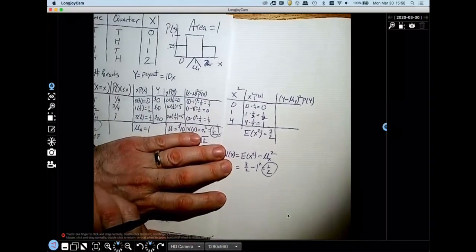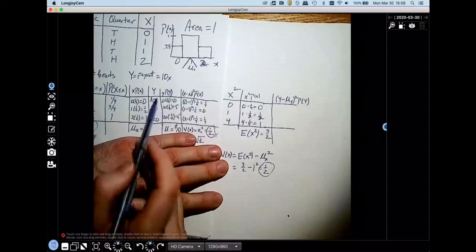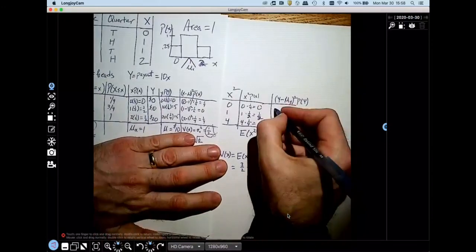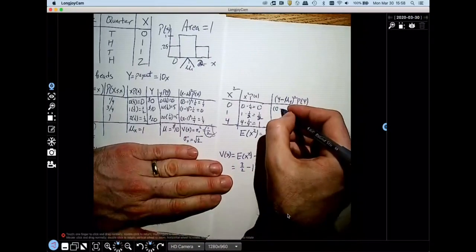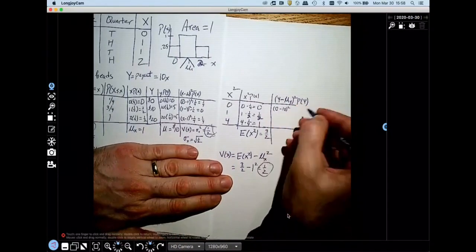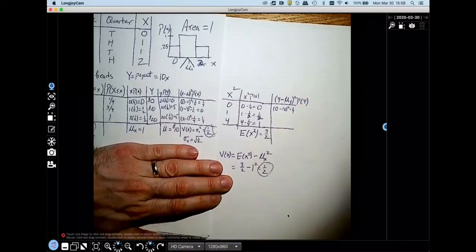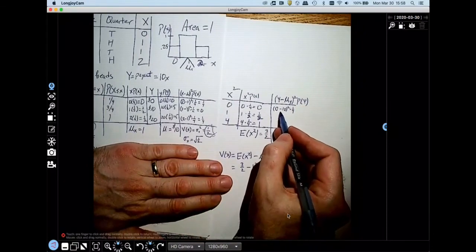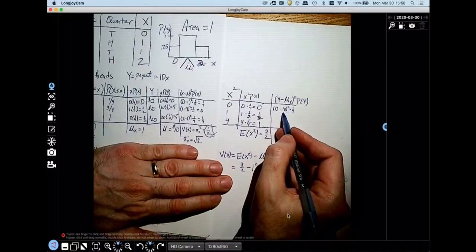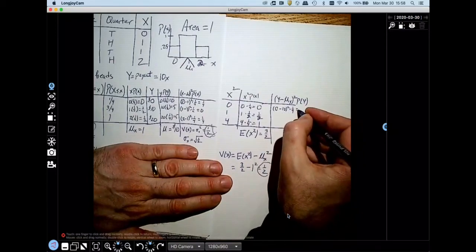I'm going to move it over a little bit so you can still see the y's over here. So this is going to be 0, and what was the mean of y? Well, the mean of y was 10. How likely does that happen? Well, 1/4 of the time. So if you look at this, this is going to be minus 10 squared, which is 100, times 1/4 is 25.